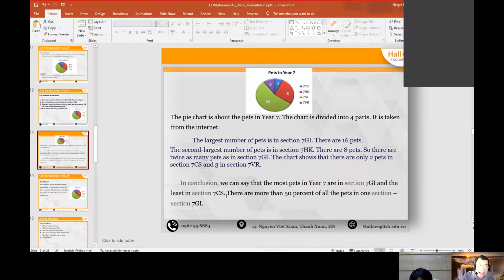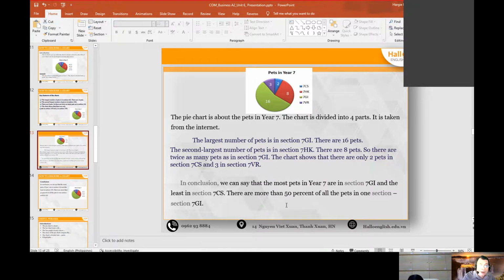So you can say, in conclusion, we can say that the most pets in year 7, you need to mention again the title, are in section 7GI. That means section 7GI would be the most number of pets. And the least, which is the smallest, would be in 7CS.